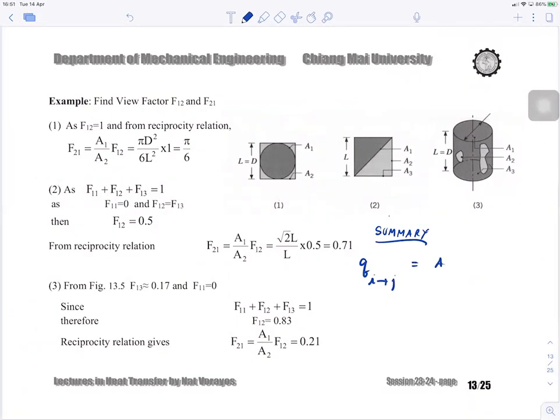You have to know Ai, Ji, multiplied by Fij. And how do you find Fij again? Fij over here, you can find from the table of expressions. You can find it from the plot, or you can find it from the Crossed-strings method.